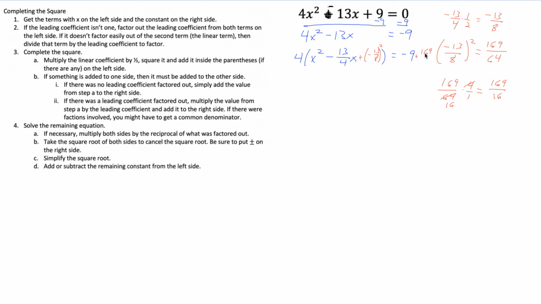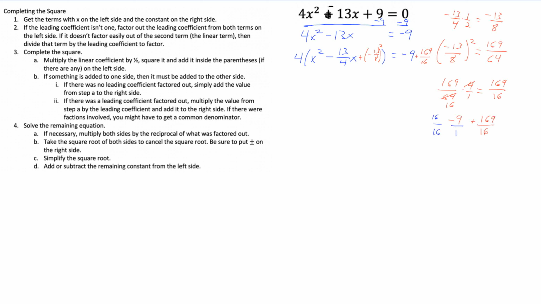And so the reason we did all that is because now we just added the same thing to both sides. If there were fractions involved, you might need to get a common denominator, and we do, so I'm still going to just keep doing some work over here. I want to add these. So -9 plus 169/16. Well, I need a common denominator here, so I'm going to multiply this by 16/16.